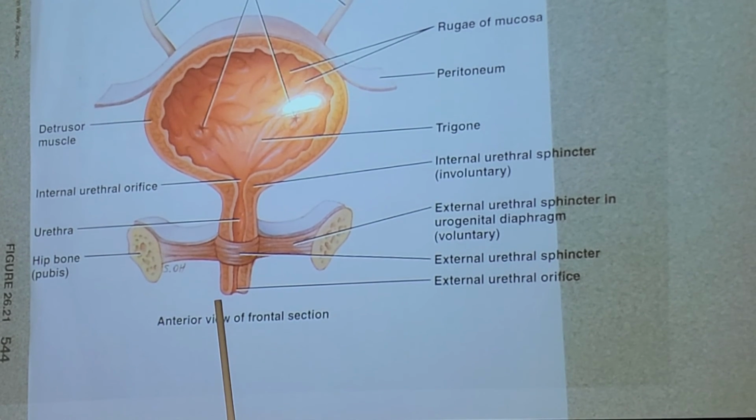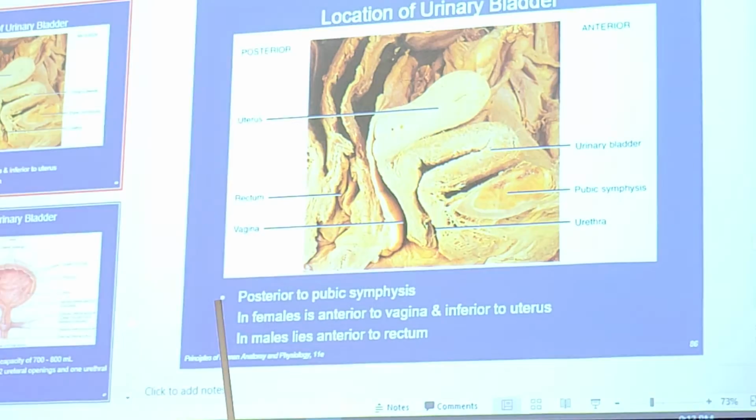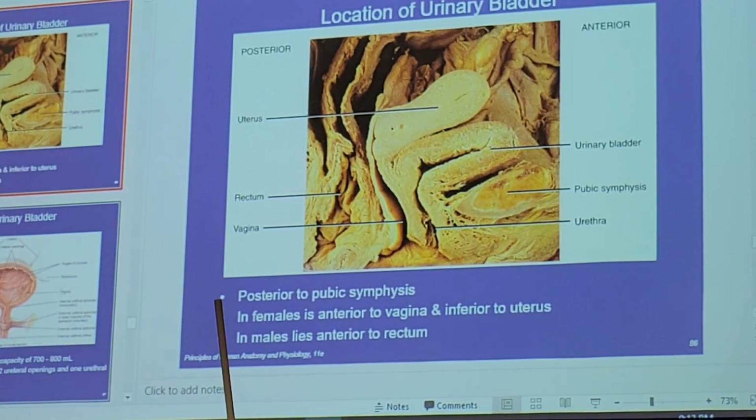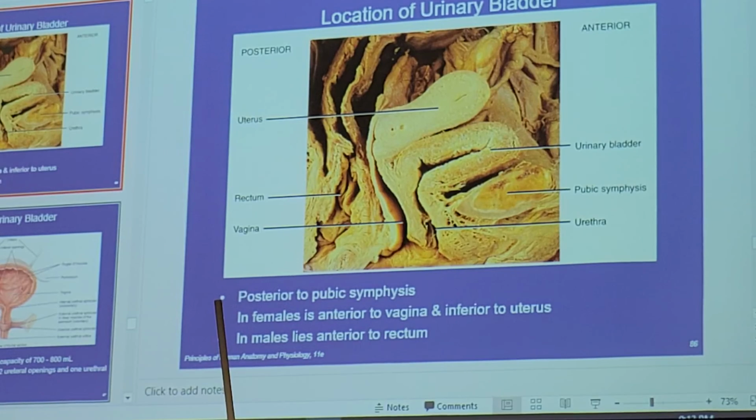Let's take a look at another bladder. One of the things you'll notice, and this is a nice example, is a mid-sagittal slice of a cadaver. This is a female. You will notice the pubic symphysis is to the far right.